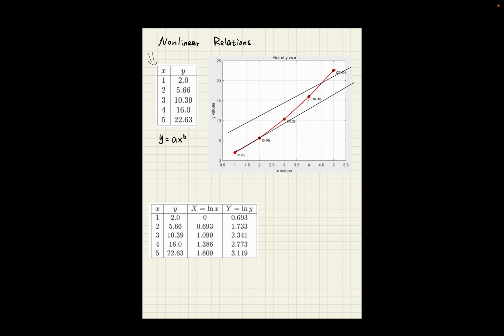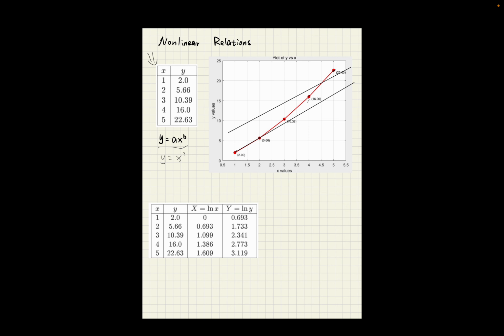And actually, if you've noticed, this one is something like y equals a x to the power of b. Maybe y equals x squared, something like that. So what do we do about that if we want to use least square regression?